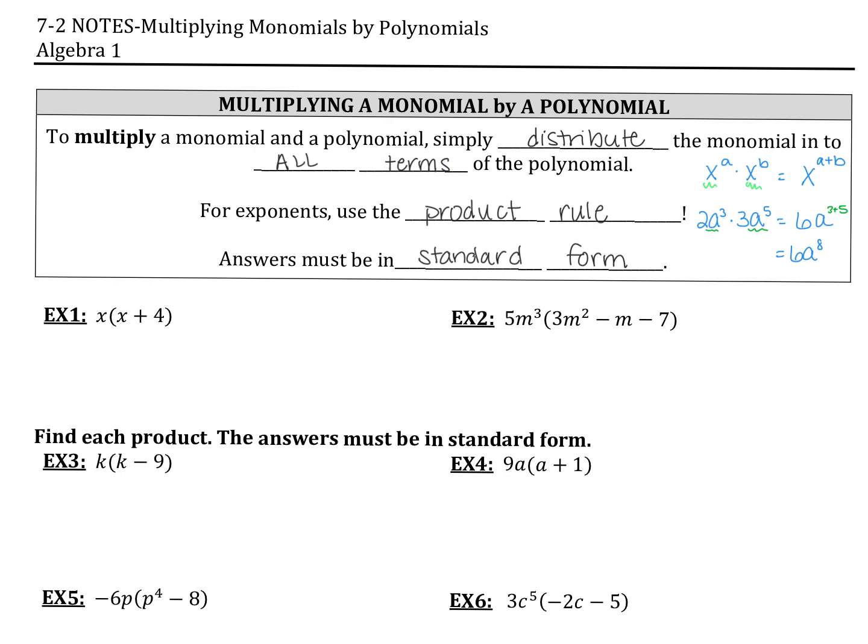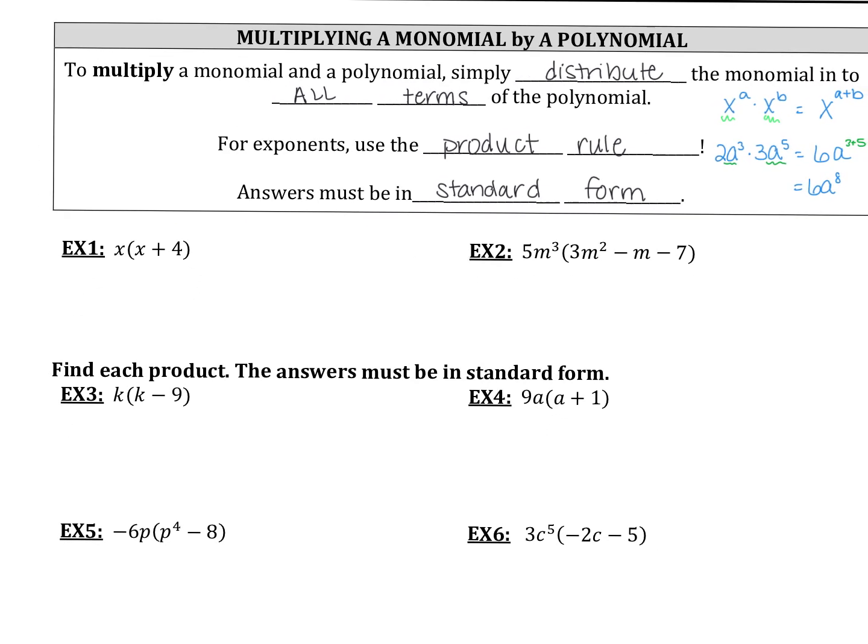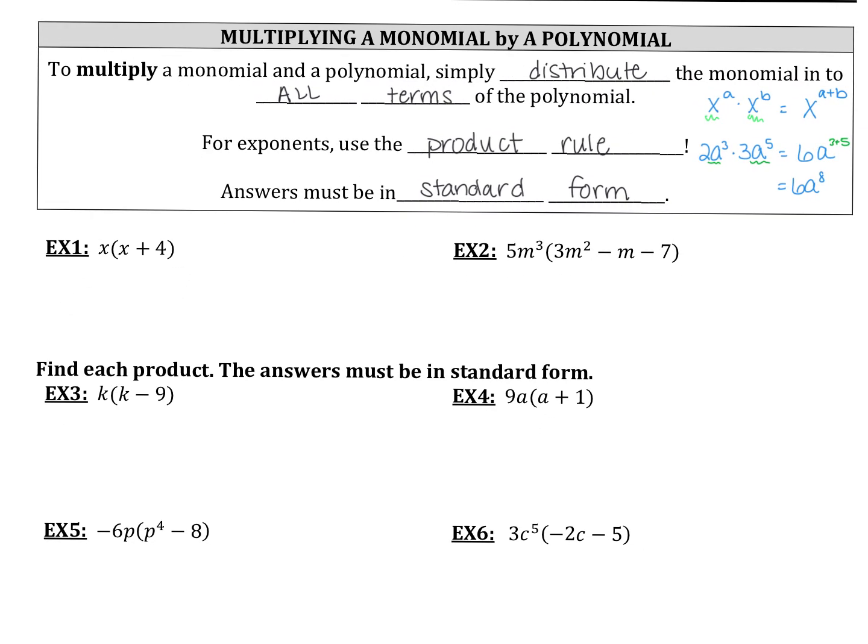Okay, so I'm going to show you two, and then you're going to try some. Let's look at example 1. Example 1 says x times x plus 4. To multiply a monomial, which we have right here with x, by a binomial, which is a type of polynomial, I need to distribute the x into all terms of that binomial.